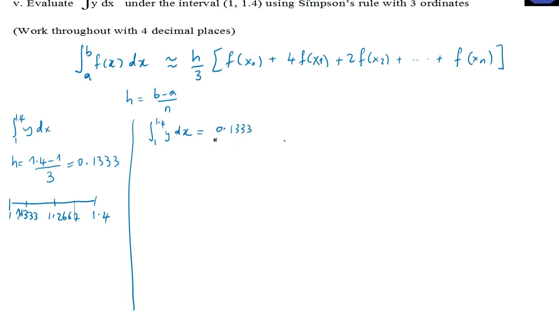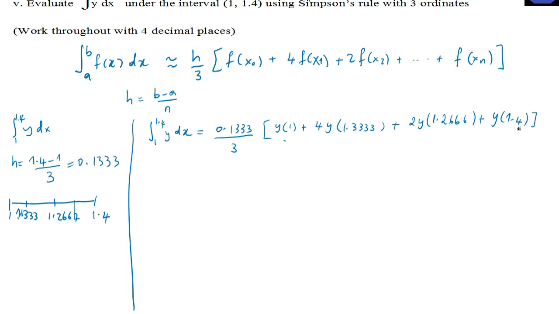0.1333 over 3 times y at 1 plus 4 times y at 1.3333 plus 2 times y at 1.266, plus y at 1.4.